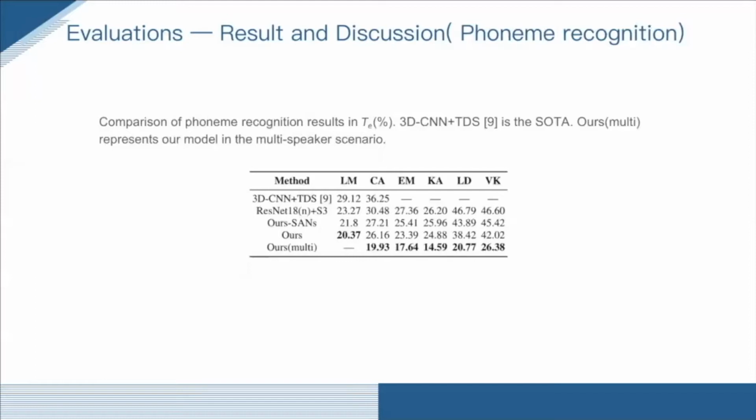Finally, we consider Q-speech phoneme recognition, which uses the lip, hand position, and handshape as the input, and the output is the phoneme class. The comparison under different models shows that our model achieves the best results on both French and British English datasets.